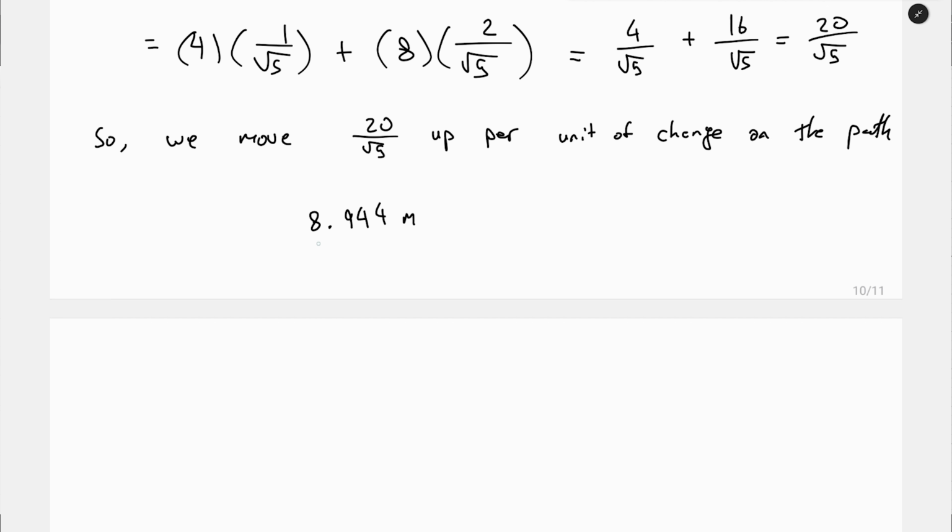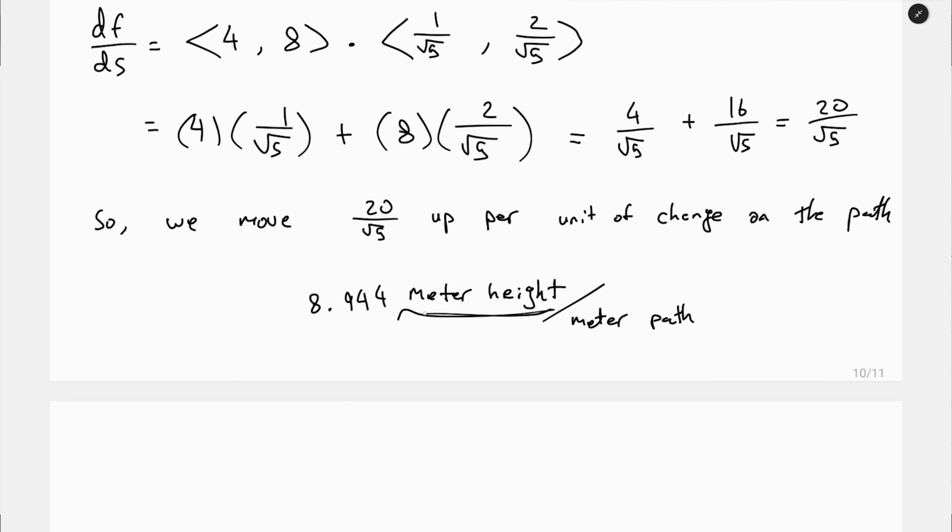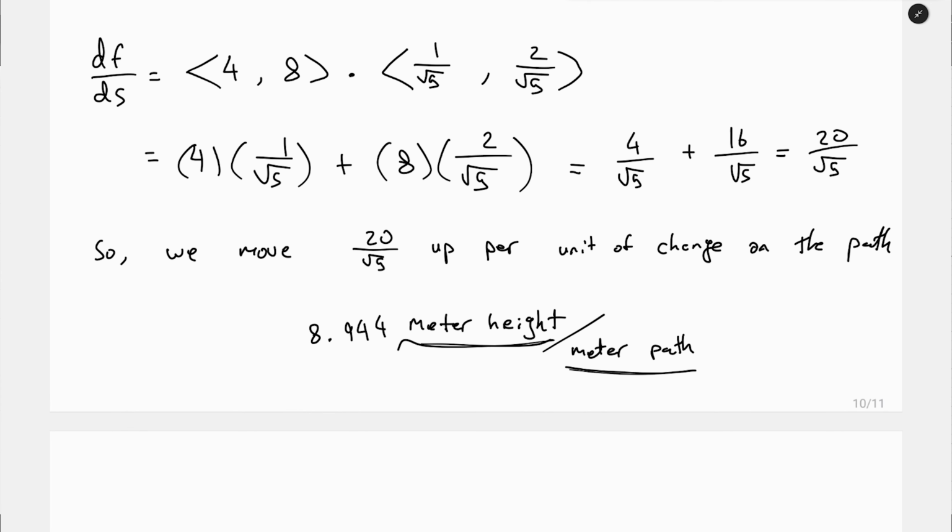A physical example would be 8.944 meters of height per meter of path. It's how much you rise if you go this much on the path.